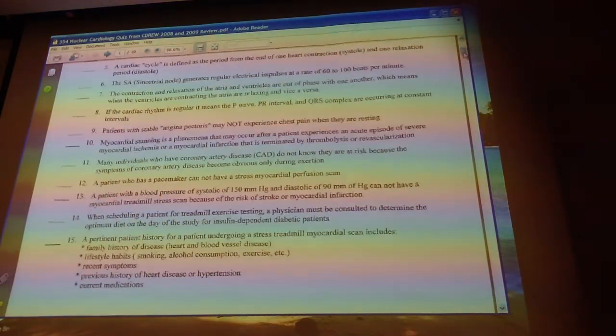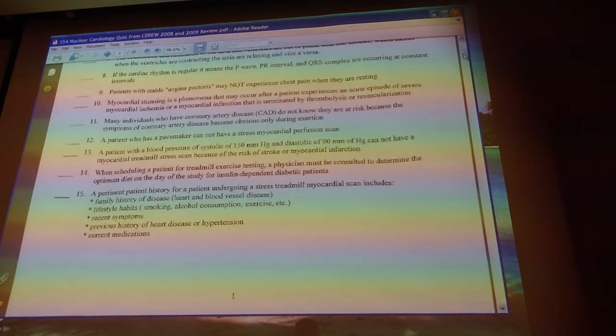We know persantine, we know adenosine, and we know lexiscan. Remember that persantine releases adenosine, but you have to wait 5 minutes after you've injected the persantine before that happens. Does anybody use persantine? I don't think anybody does.